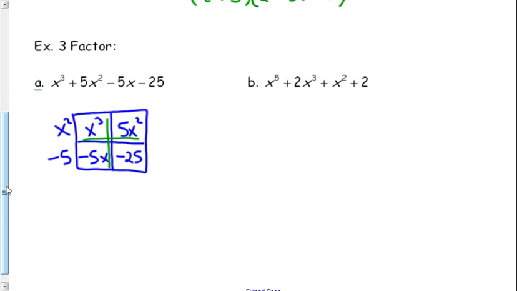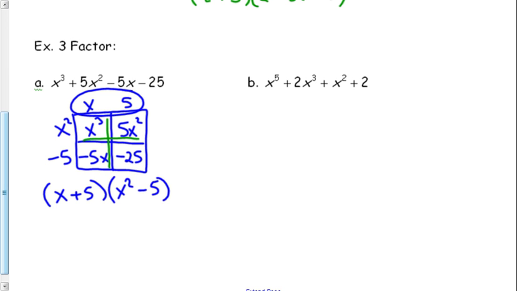The two boxes on the left both have an x in common. And then the column on the right would have a 5 in common. All right, so I actually have it factored now. I just need to write it down as x plus 5, which I got from here at the top, and x squared minus 5, which I got from here along the left.